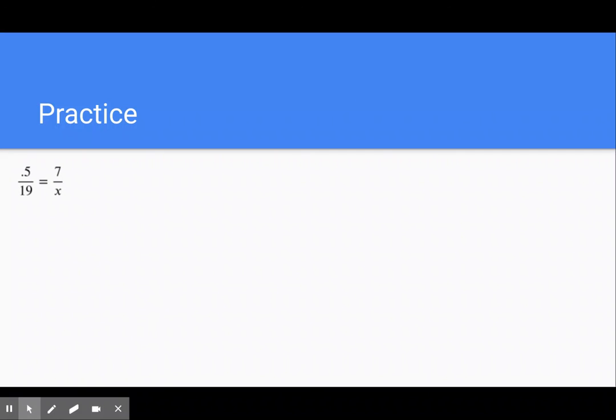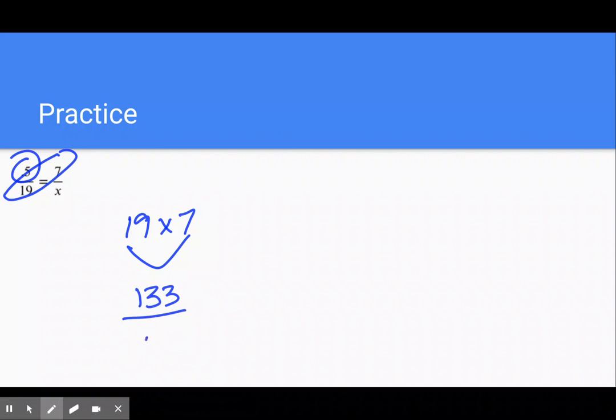All right, and then this last one here, let's do this last one together. We've got 19 times 7 divided by 0.5. 19 times 7 is going to give you 133. And 133 divided by 0.5. This is where you need to remember that you've got to move that decimal over.